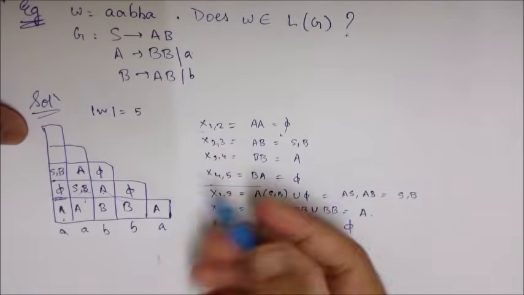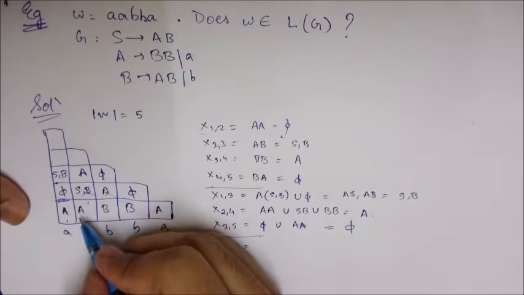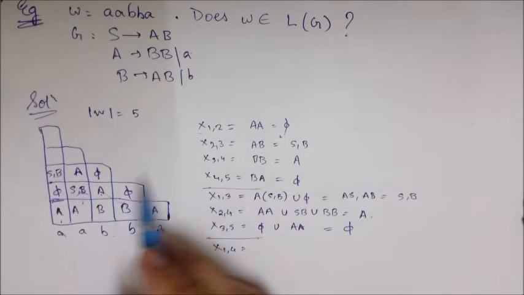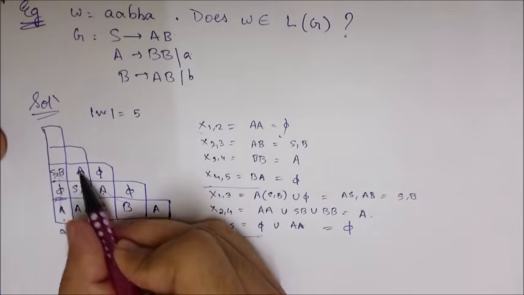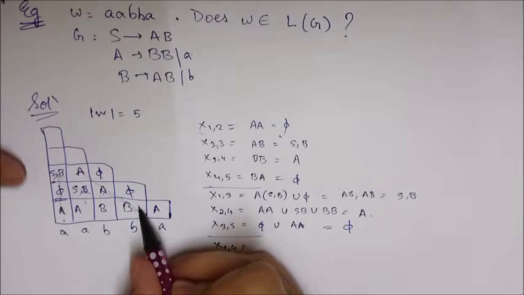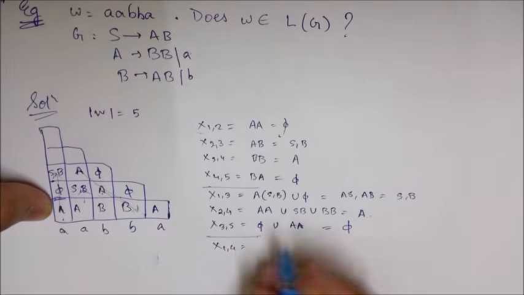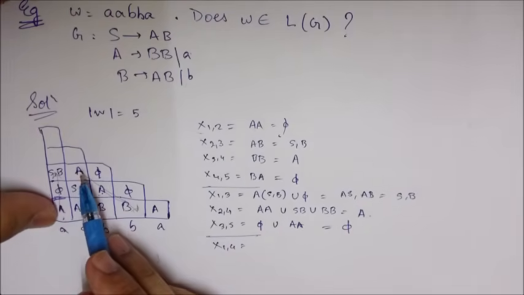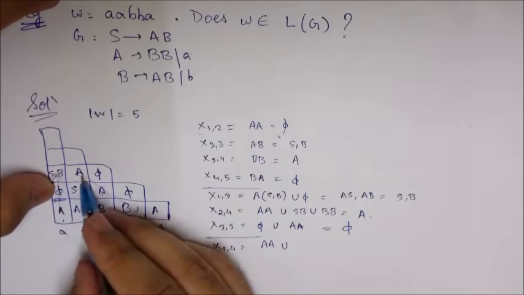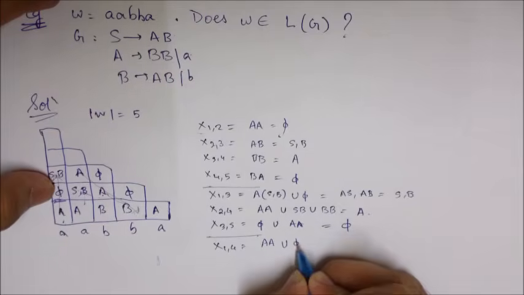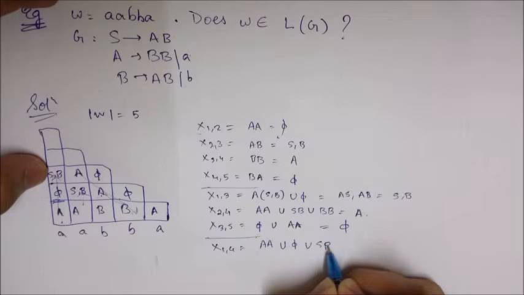Coming on to the next row, x of 1 comma 4 equals, now again we take two paths. This is the first path and this diagonal path is the second one, so we'll write x of 1 comma 4 equals A into A union 5 into A, which is 5 union SB into B, which is SB and BB.